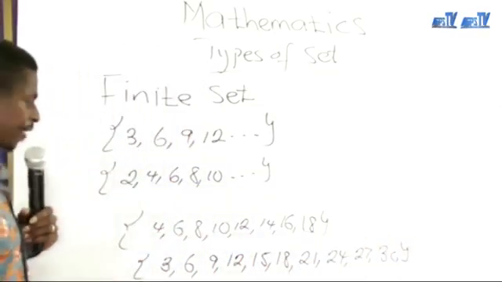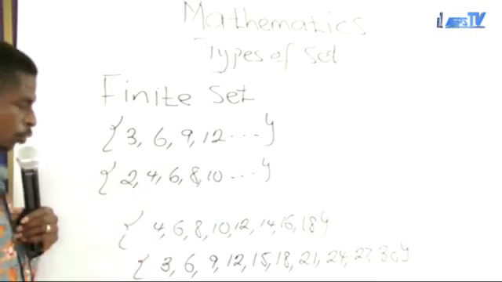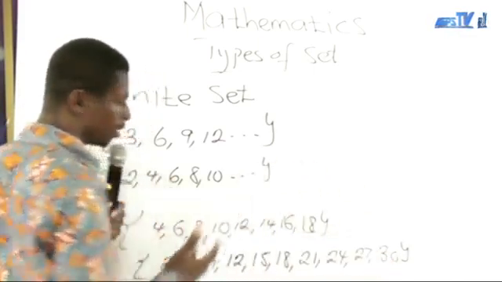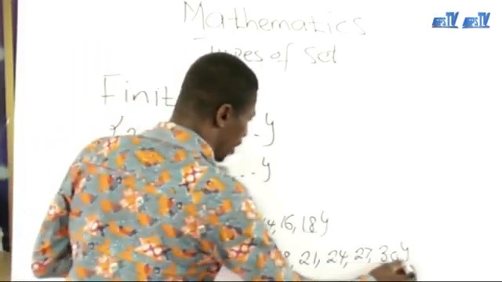So these are the first 10 multiples of 3. So we have 1, 2, 3, 4, 5, 6, 7, 8, 9, 10. Once again, the interest is with the last member.